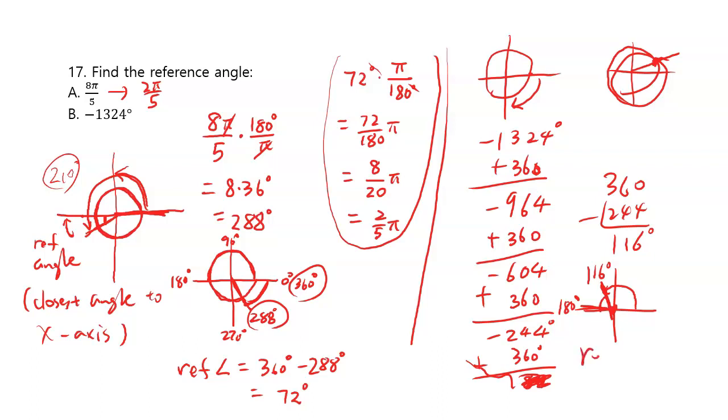So the reference angle would be 180 minus 116, which is 64 degrees. So that's the reference angle. And because the original question was given in degrees, you should answer in degrees. That's all good.